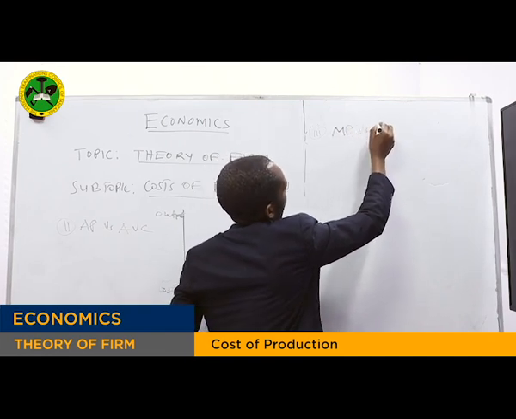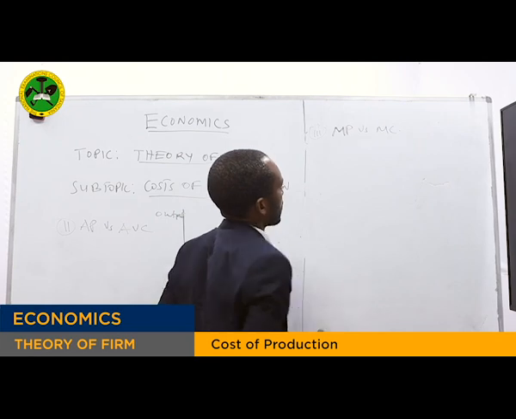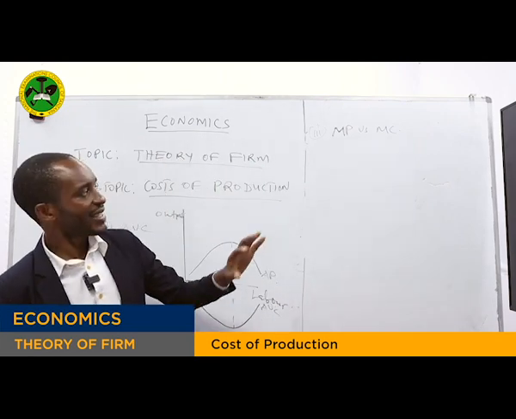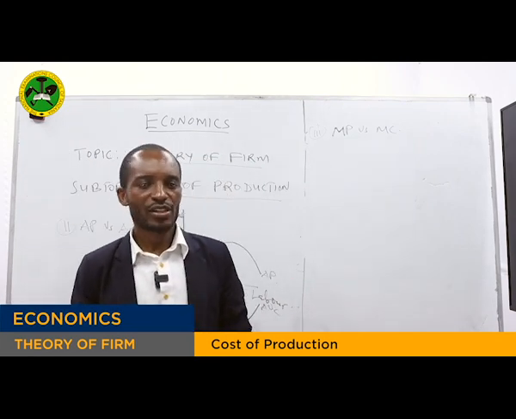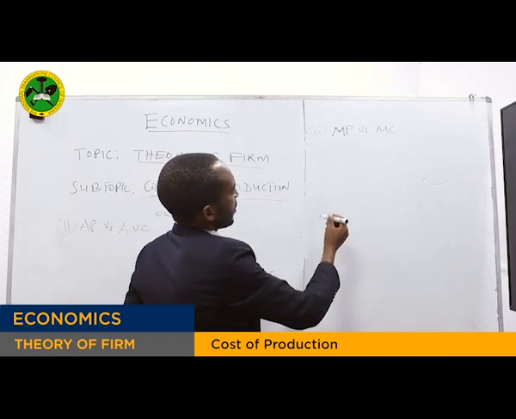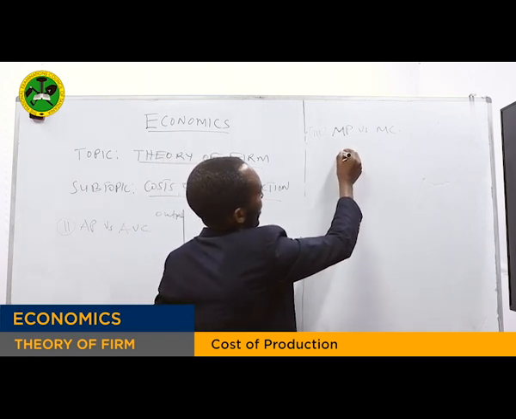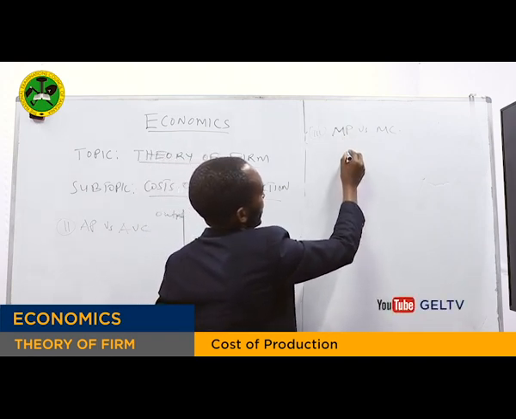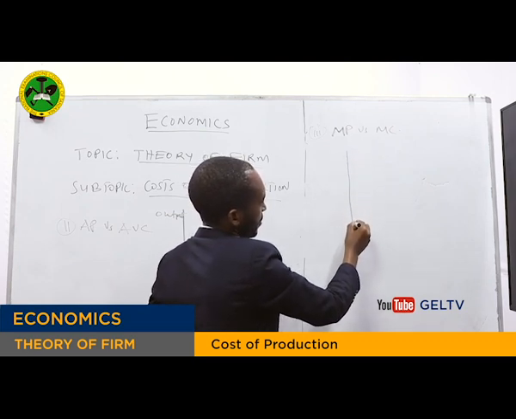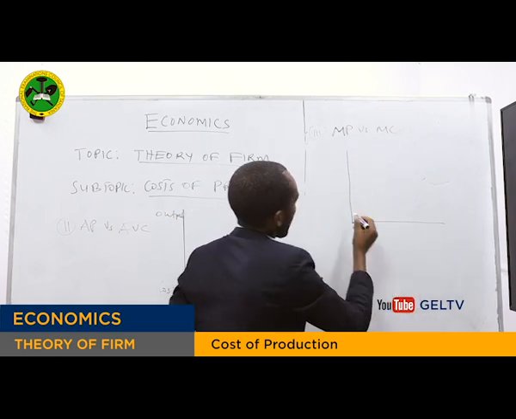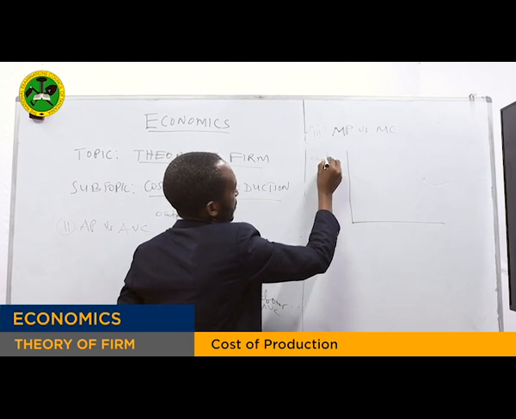versus marginal cost. So let us see the relationship between the marginal product and the marginal cost. Let us start with the graph of marginal product. Here is the output.